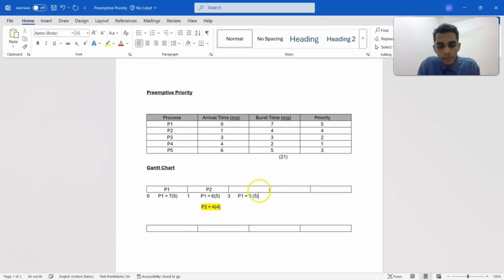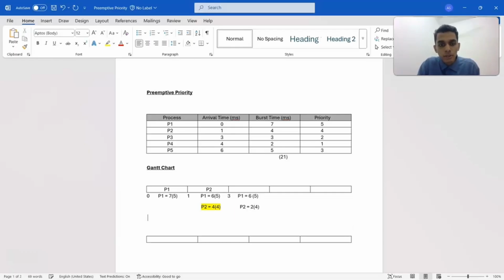We then have P2 over here, and P2 has run for 2 milliseconds from millisecond 1 to millisecond 3, so we have to update the burst time. So now P2 will have a burst time of only 2 and the priority remains the same.